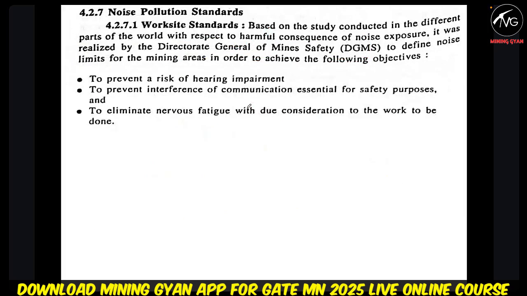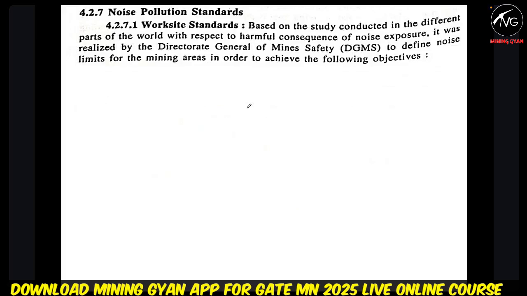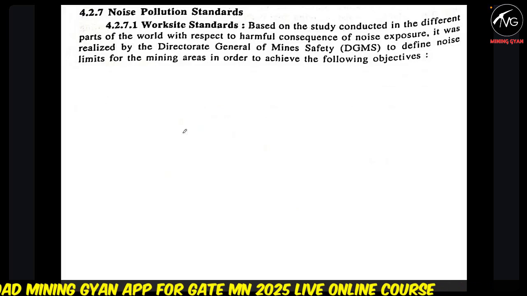Now we will see why work site standards. वर्क साइट स्टैंडर्ड क्यों जरूरी होता है? Because if you are staying in an environment of noise pollution, then you will not feel comfortable, and it will be harmful for your ear.